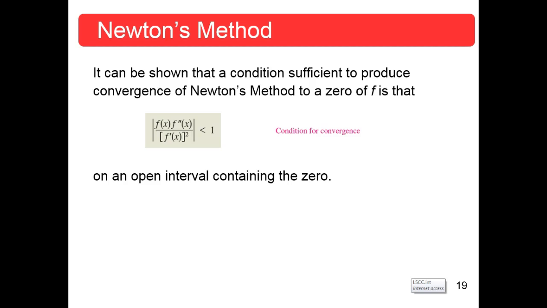Obviously, a first derivative of 0 will blow this up. That's not going to be less than 1 then. I'm trying to think what happens when you have a vertical tangent line.